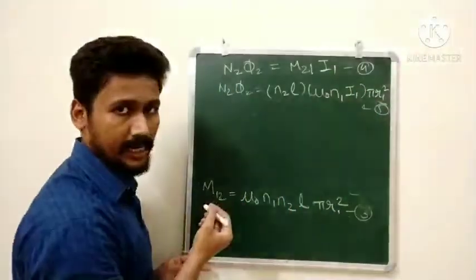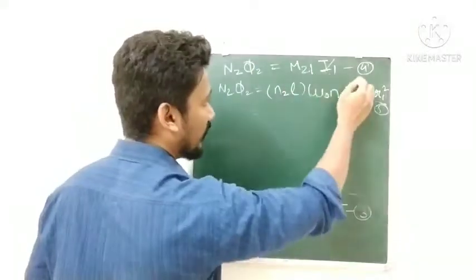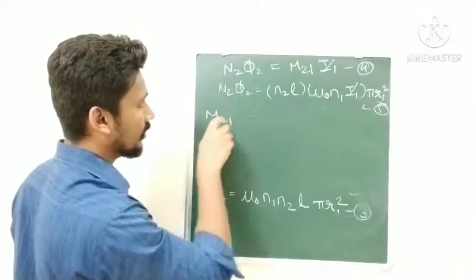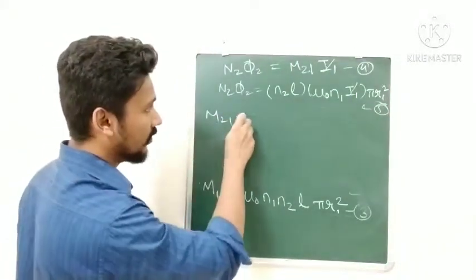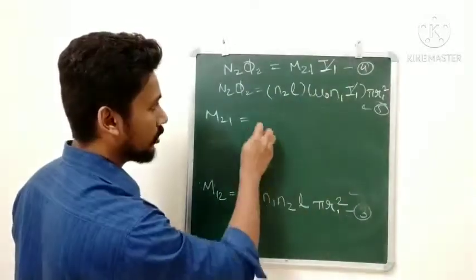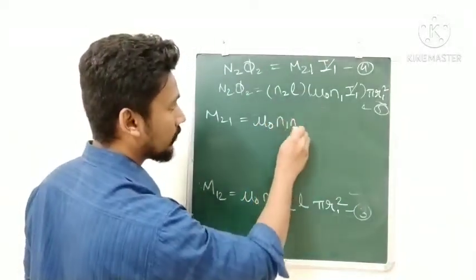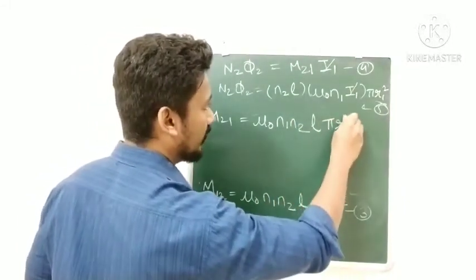Comparing equation 4 and 5. You can see the LHS is equal to LHS. So I1 you can cancel out, and therefore you can write M21, the mutual inductance of coil 2 with respect to coil 1, equal to, once again we are going to rearrange it and write it as mu naught N1 N2 L into pi r1 square.